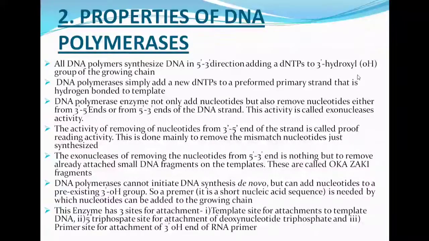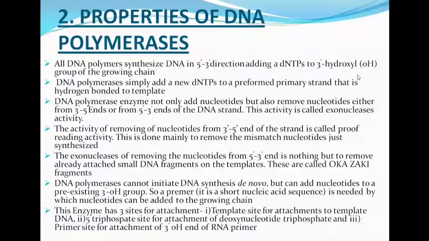This is done mainly to remove the mismatched nucleotides just synthesized. So there are certain nucleotides which are not matched with the already synthesized DNA molecules. In such cases, these DNA polymerases can remove such mismatched nucleotides. So this is one type of exonuclease activity.